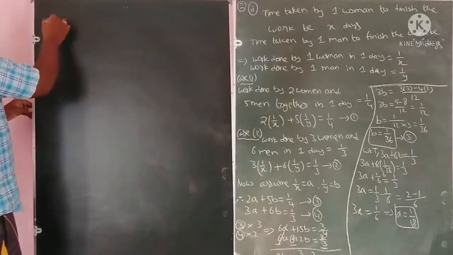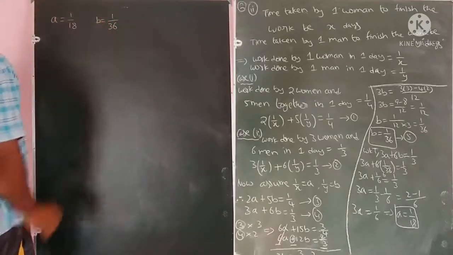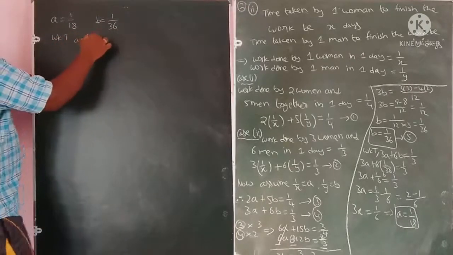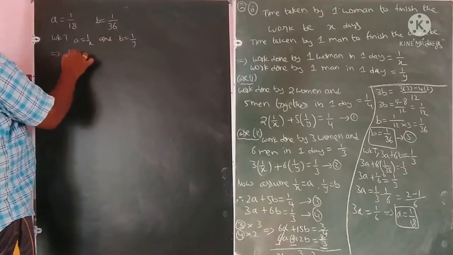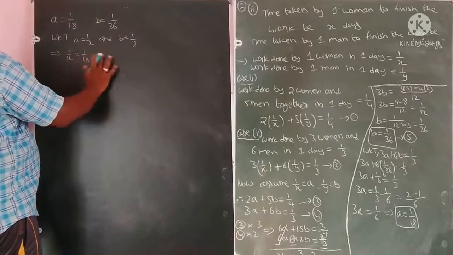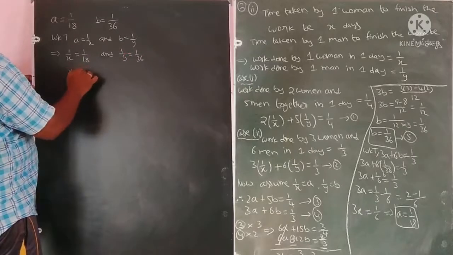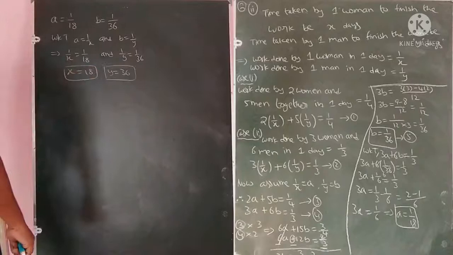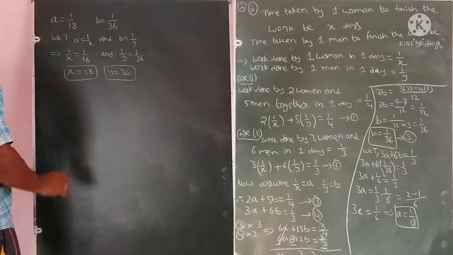So we got a equals 1 by 18, b equals 1 by 36. We know that a equals 1 by x and b equals 1 by y. So that implies 1 by x equals 1 by 18 and 1 by y equals 1 by 36. That implies x equals 18, y equals 36. So x and y are the number of days taken by one woman and one man to finish the work.